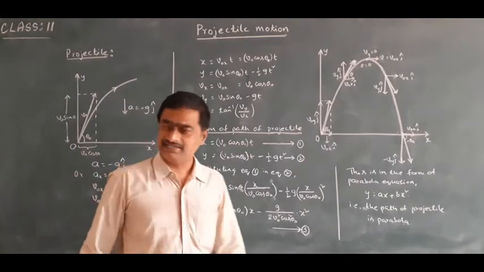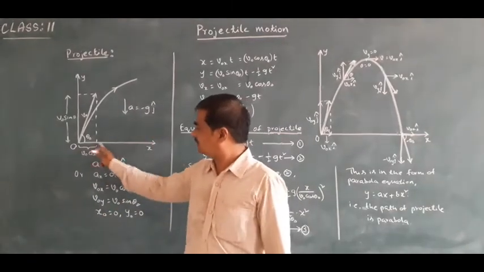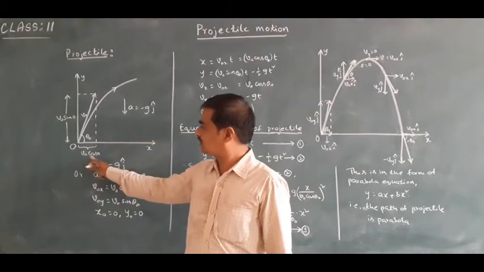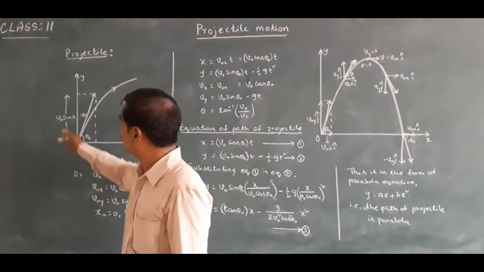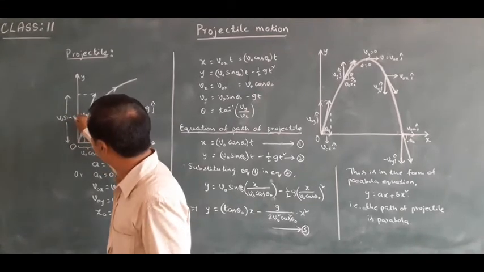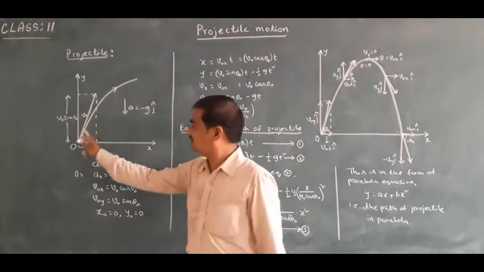As it makes angle theta naught with the horizontal, the horizontal component becomes v naught cos theta naught, and the vertical component becomes v naught sin theta naught.